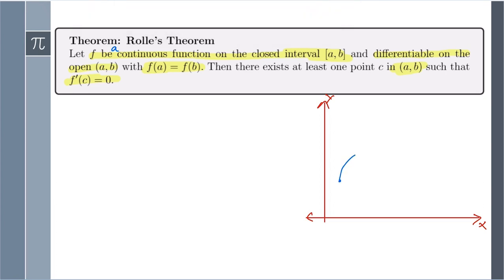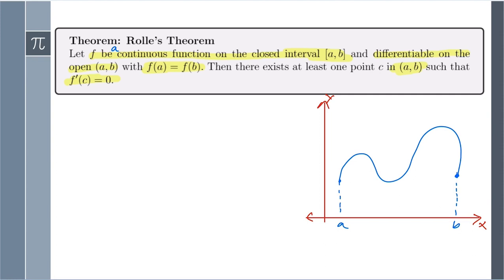Let's say this is A, and this is B. The graph is continuous on the closed interval [a, b], so it's smooth, there's no break. And it's differentiable. Again, it's a smooth graph with no sharp turning point, so we can find the derivative at every point in the interval (a, b).